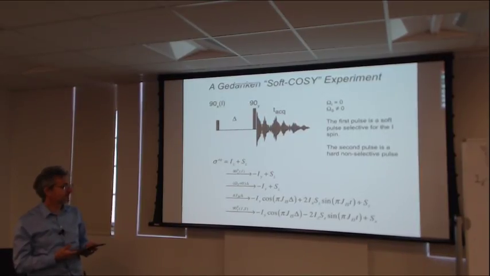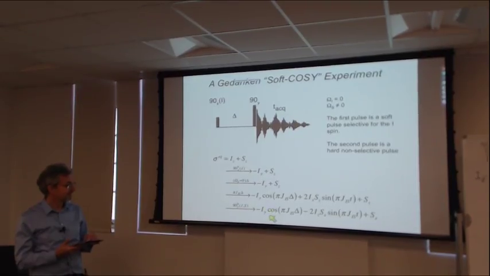And now I'm going to turn on the receiver and ask what do I expect? So from our rules yesterday, this IY operator will be an in-phase doublet, and its line shape will be dispersive.